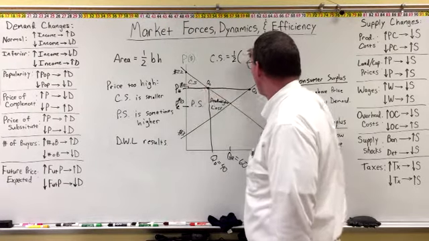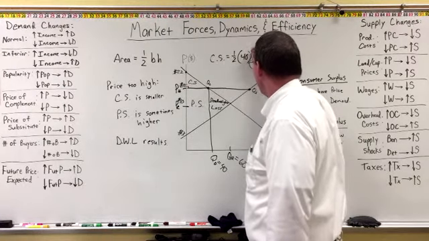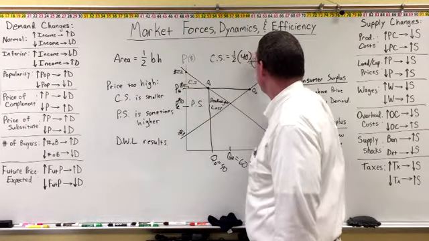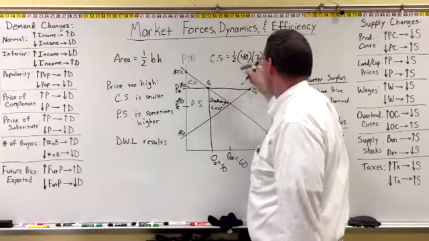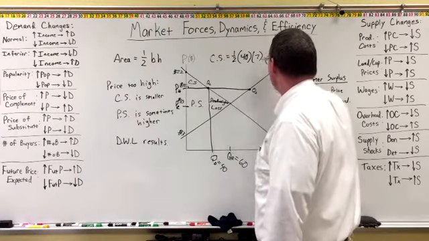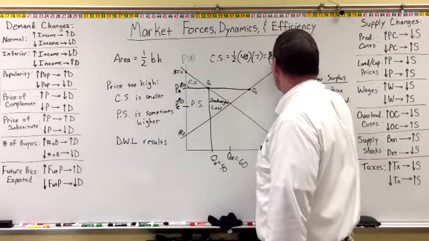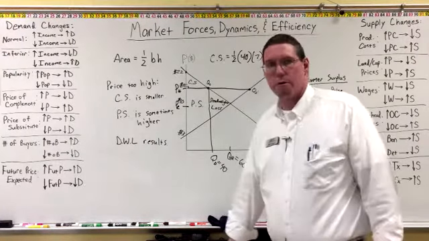So the base of the triangle is 40. The height goes from 15 up to 22, so 22 minus 15 is 7. Half of 40 is 20, and 20 times 7 is 140. So consumer surplus in this case is $140.